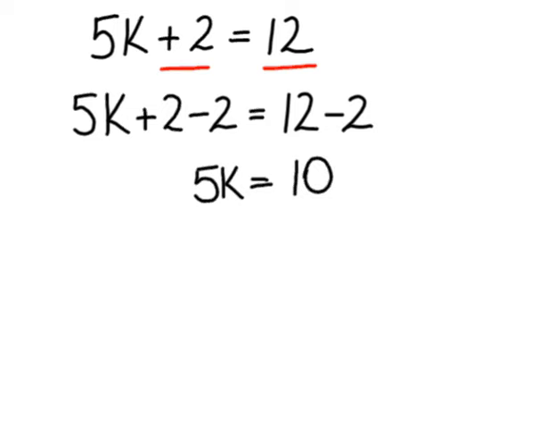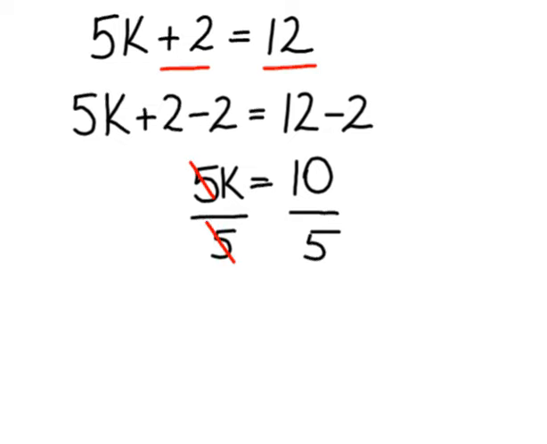So the next step is to isolate the variable. Now, because we know from our previous lesson that 5k is 5 multiplied by k, the way to get k all by itself is actually to divide by 5. So we're going to divide by 5 on each side. I'm just going to show you that those 5s cancel each other out by crossing them out.